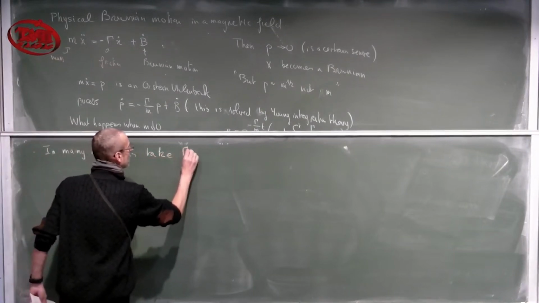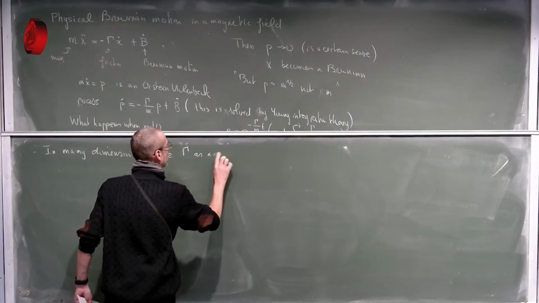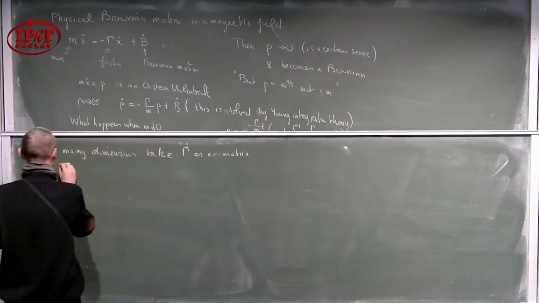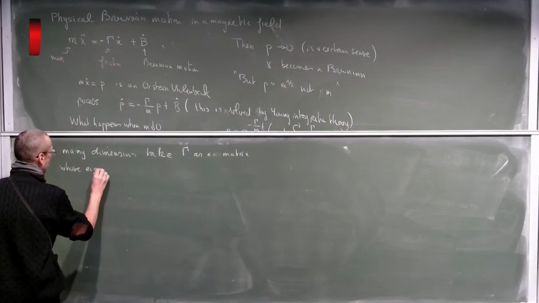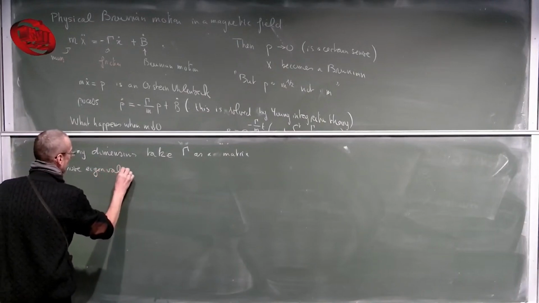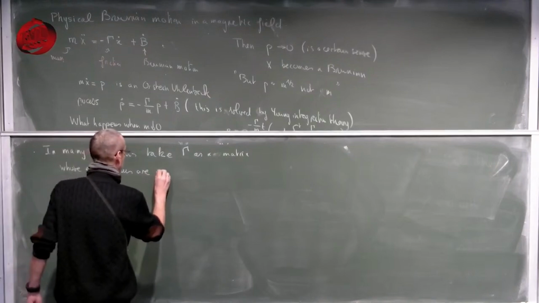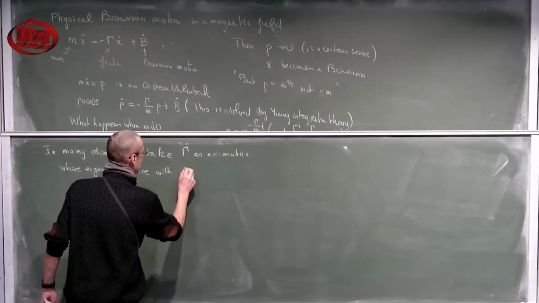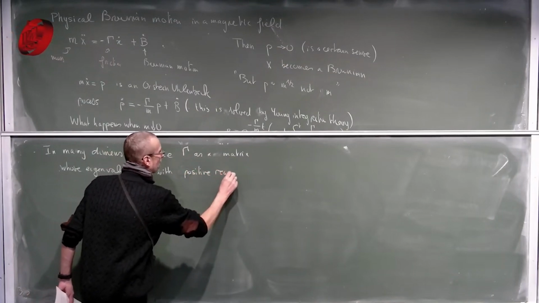Take gamma as a matrix whose eigenvalues are with positive, I'm sorry, real part.